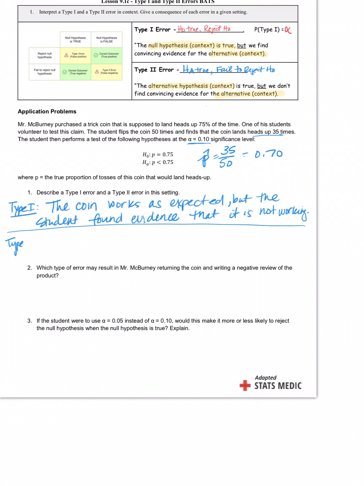Type 2. What's the truth with the type 2? The alternative's the truth, isn't it? So we would say the coin is faulty.